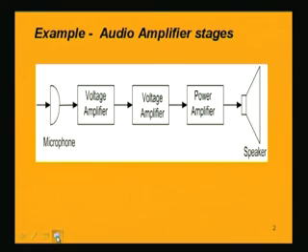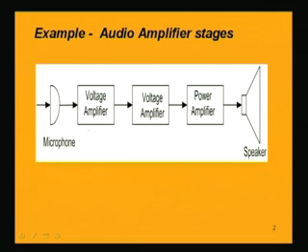If we now look at an audio amplifier having different stages, we see that the final device is a speaker, that is, a loudspeaker, but initially we give the audio signal to a microphone. The microphone converts the audio signal to an electrical signal, and that electrical signal is first amplified.